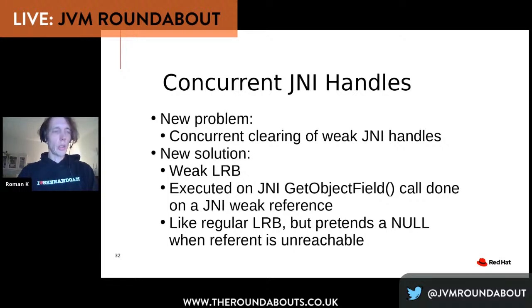When you do this concurrently, you can have the situation that it's not cleared yet, and the GC is clearing all the references, and a Java thread could go there and load the object, even though it should be unreachable, just pick it out and resurrect it, and this must not happen. The solution to this is what we call the weak LRB, the weak load reference barrier, which is inserted in, for example, JNI get object field.